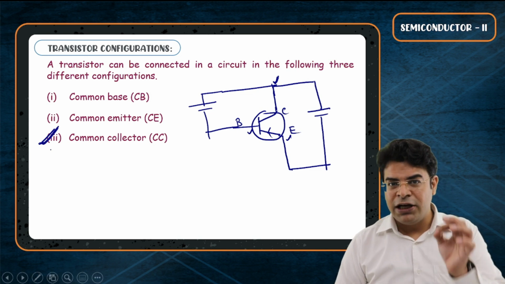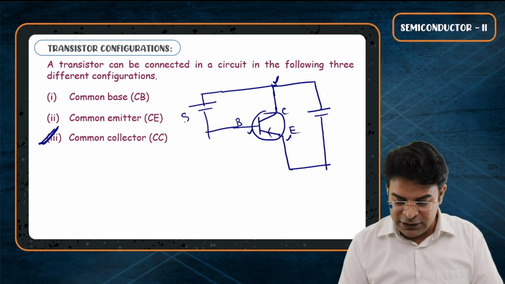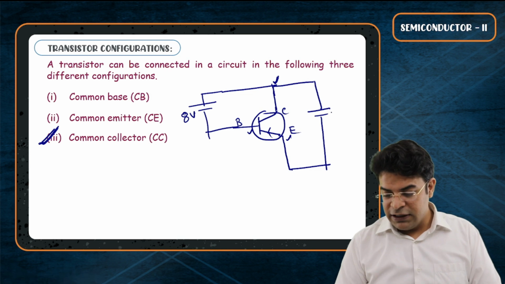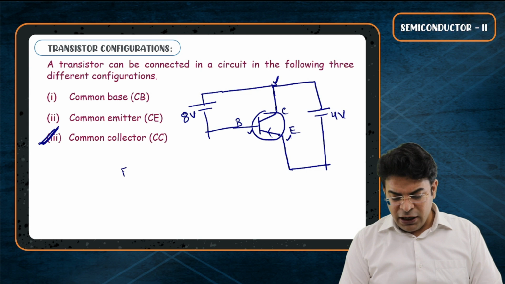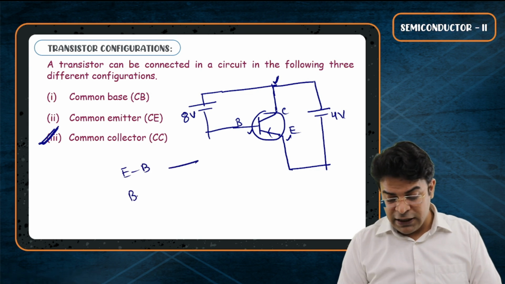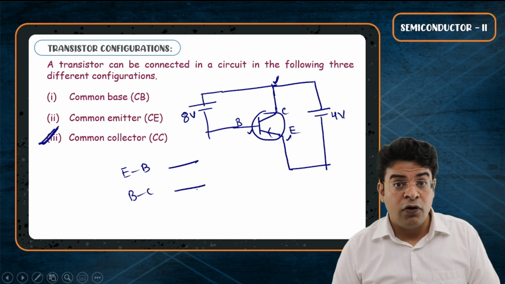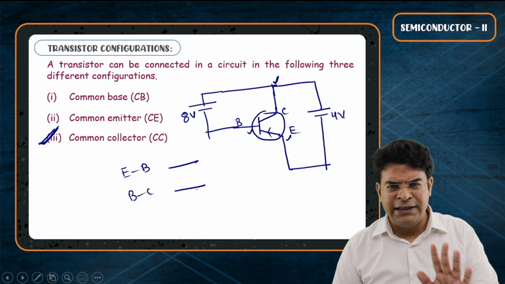Now let me ask you one more question here, which I personally like to ask students. Let's say this battery is of 8 volt and this battery is of 4 volt. Can you tell me the emitter base junction is dash biased, forward or reverse, and the base collector junction is dash biased, forward or reverse? So how to answer this particular question? It's quite easy. See here.